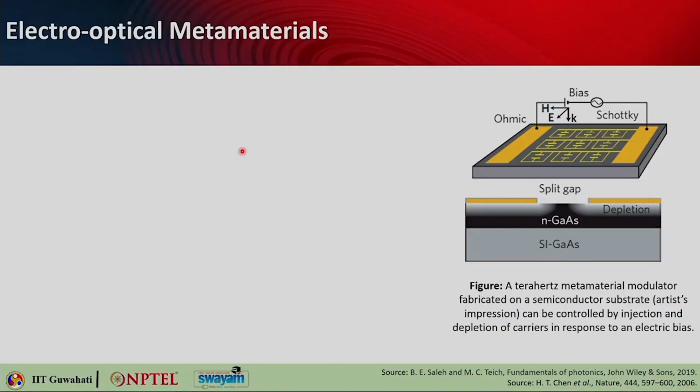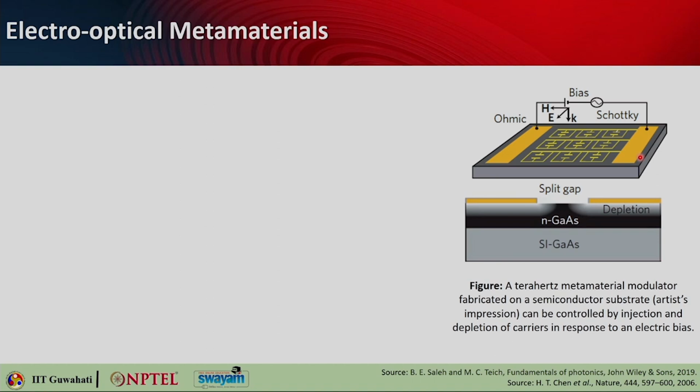Here we are looking at a terahertz metamaterial modulator which is fabricated on a semiconductor substrate. This is not the actual diagram, this is just a depiction of a schematic. Here the tuning is controlled by injection and depletion of carriers in response to electrical bias. When you apply positive bias, you can attract more electrons, so that will be like injection of carriers.